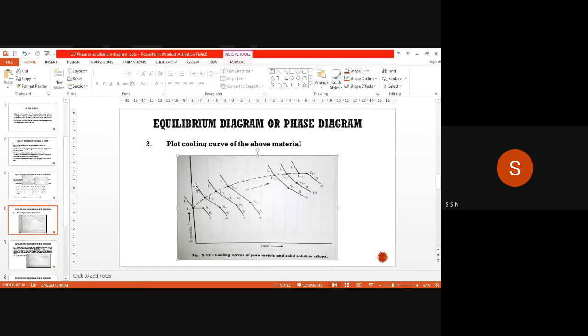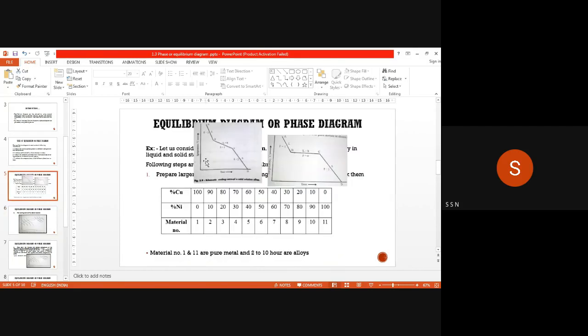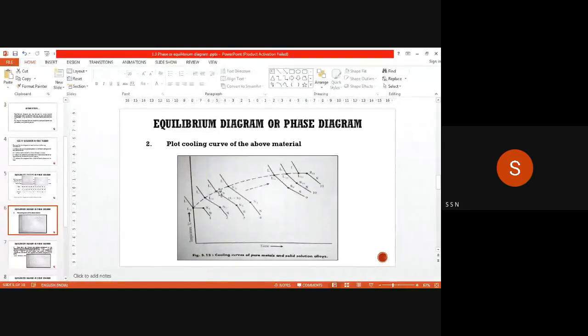Then that cooling curve has L as the initial liquid phase. Then the middle portion has two phases, liquid plus solid, isn't it? Just like in this diagram, liquid plus solid, but not at a constant temperature. This inclined line is there. Thirdly, the L3 point, at a different composition, 20% nickel and 80% copper.